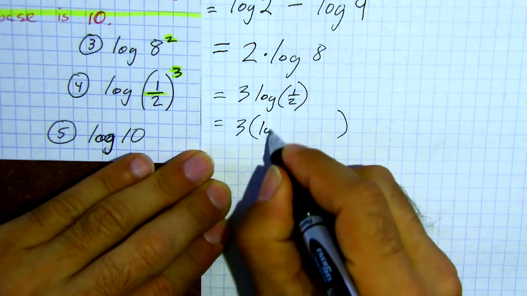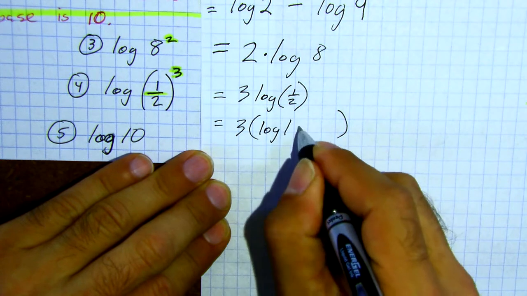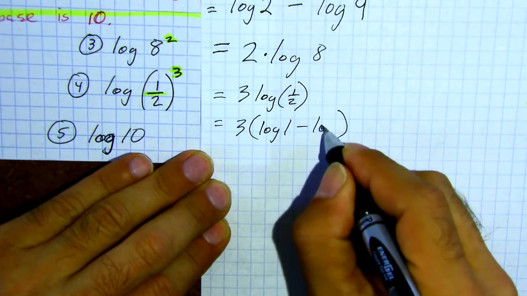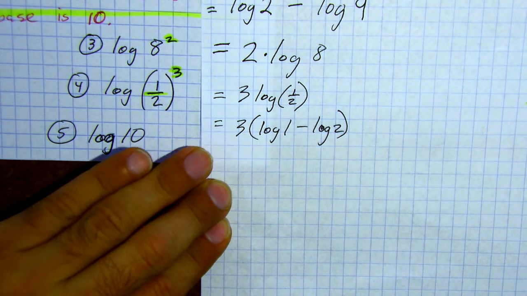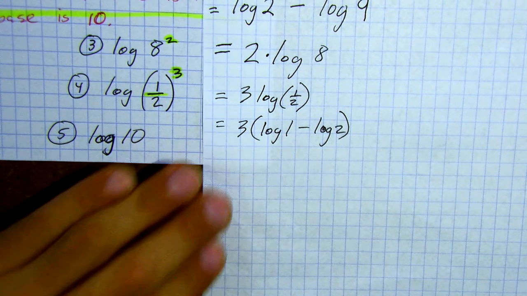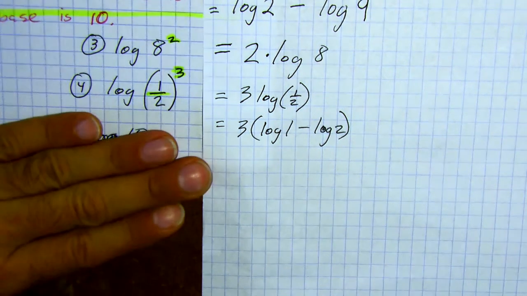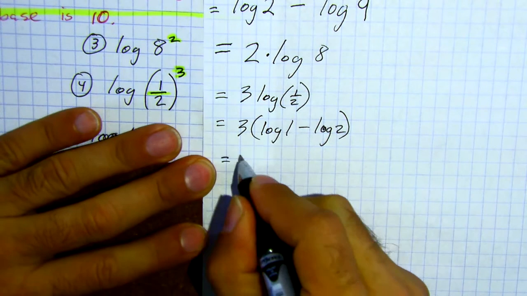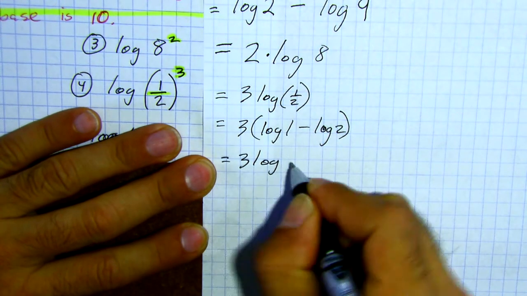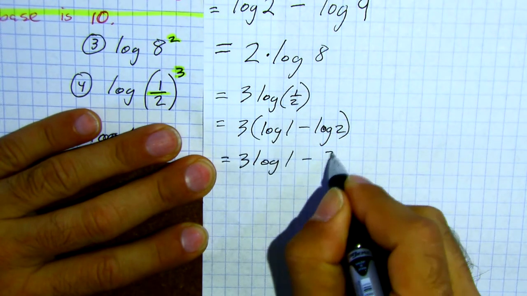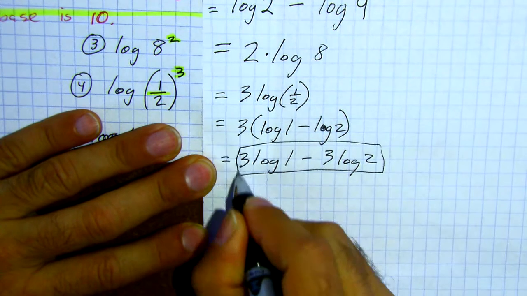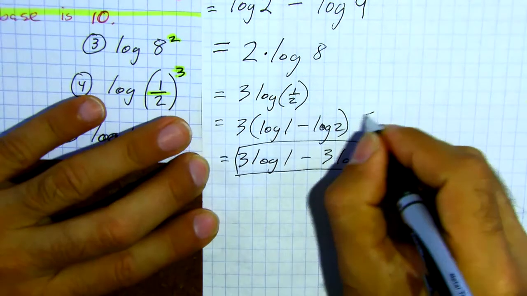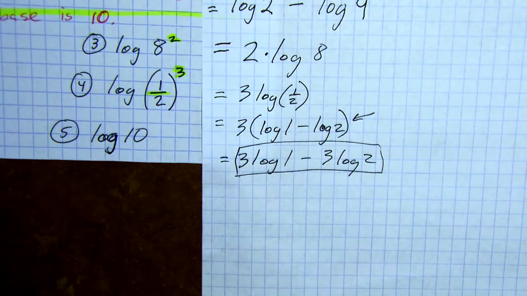That's log of 1 minus log of 2. You see? So we're using the laws and working our way through this. The last step I would say is to distribute. So 3 log 1 minus 3 log 2. That, Tavon, is where I want you to go. But I like it. Tavon gave me this idea to go here first, and I took your lead. So good job.